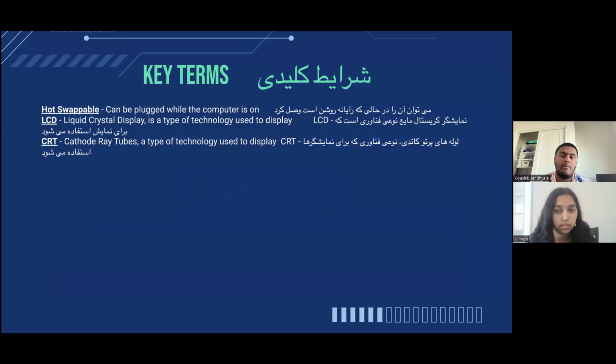Hot swappable means that the device can be plugged in while the computer is turned on, and it is not a safety hazard to the user. An LCD, or liquid crystal display, is a type of technology that is used to display text. A CRT, or cathode ray tube, is a previous version to LCDs.